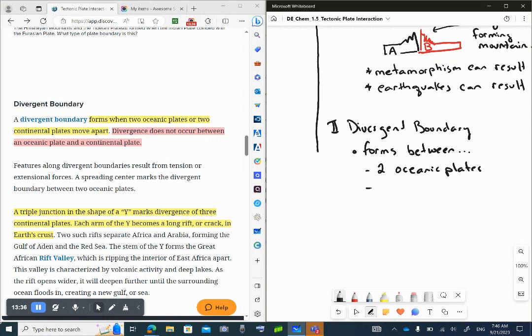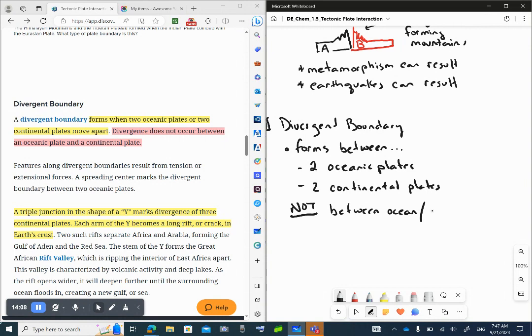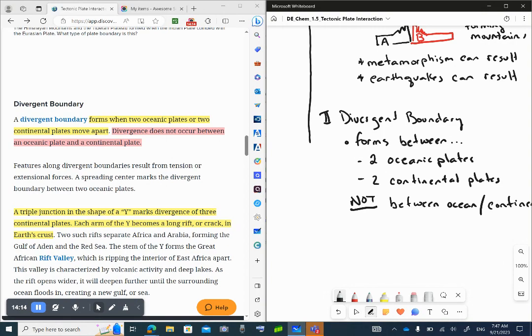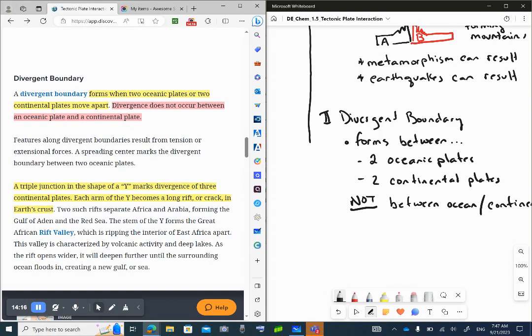It forms between two continental plates. But it does not form between oceanic and continental. Okay, so not between ocean and continental. And I could see one of your quiz questions possibly being something along that nature.